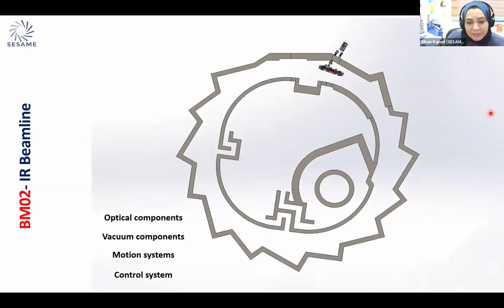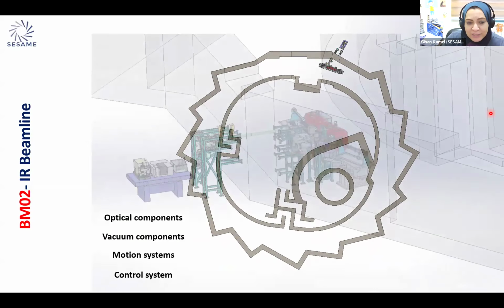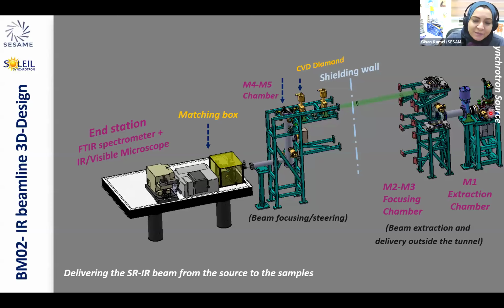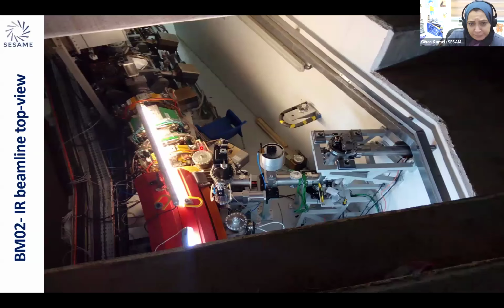So beamline means optical components, vacuum components, motion system control, and the end station where we do the experiments. Here you see the extraction and the focusing. Those are the components behind the shielding wall. These are the parts of the beamline in the storage ring, and these are the parts of the beamline outside, and this is the end station.